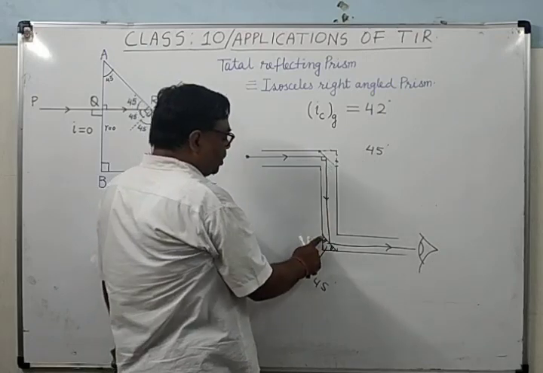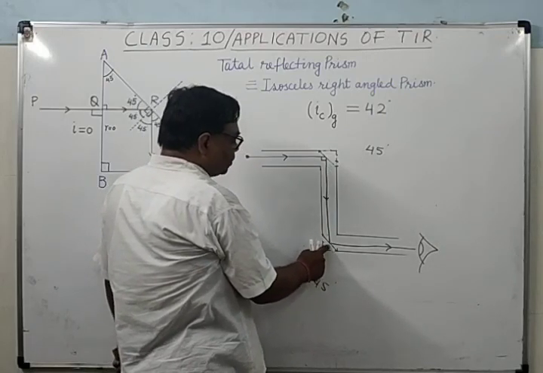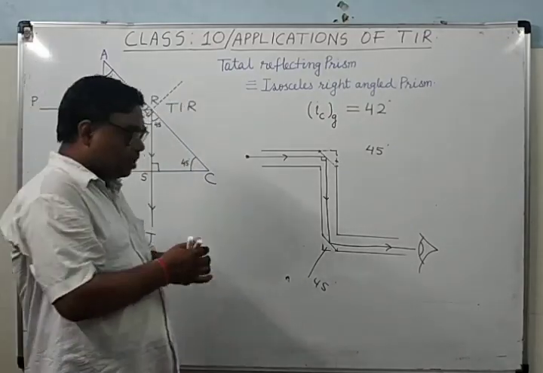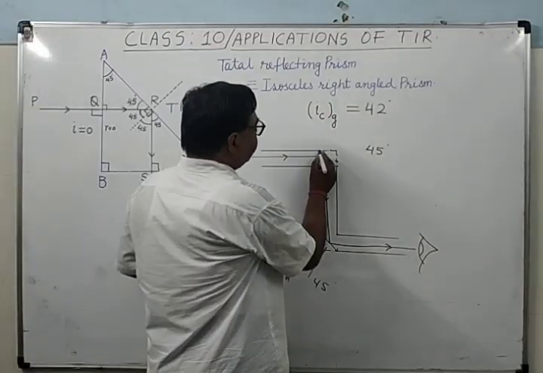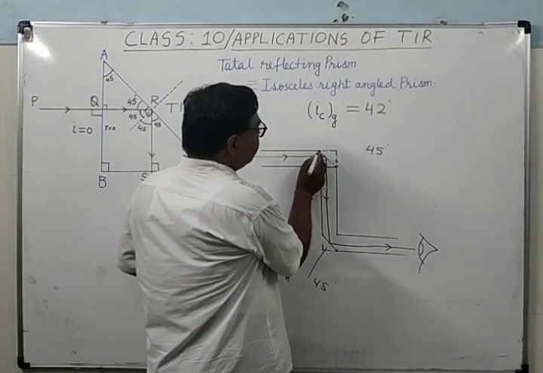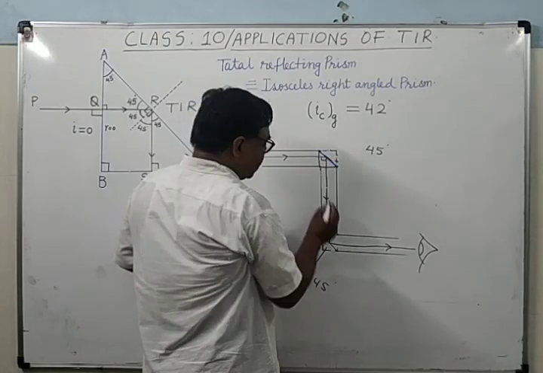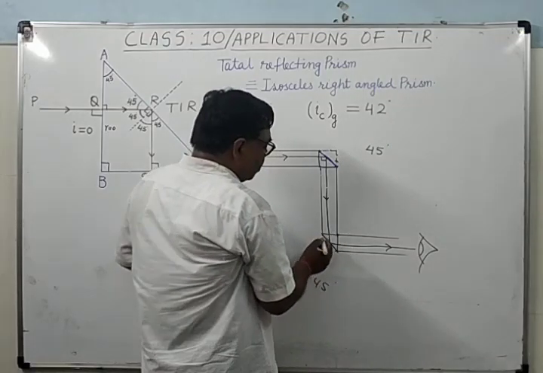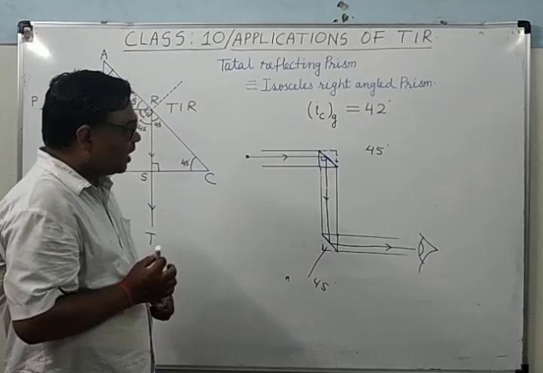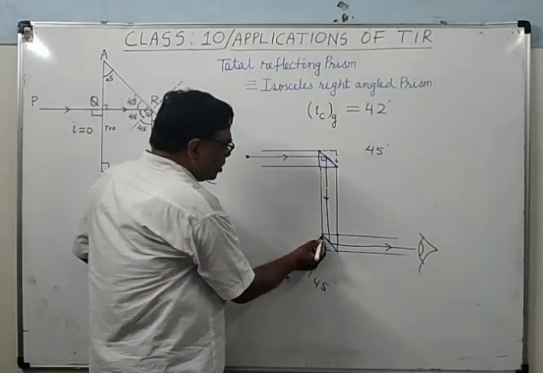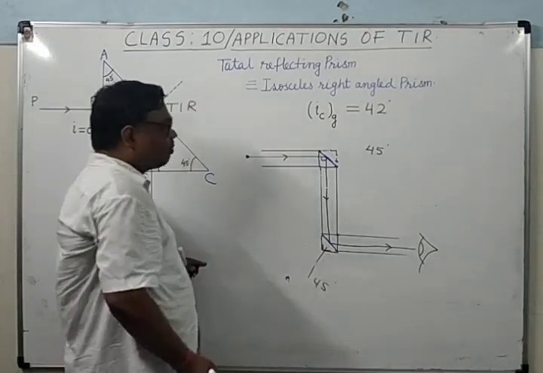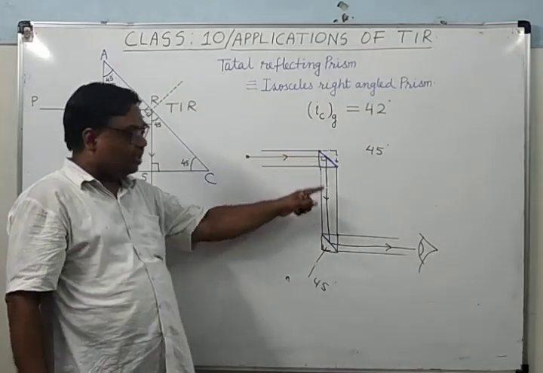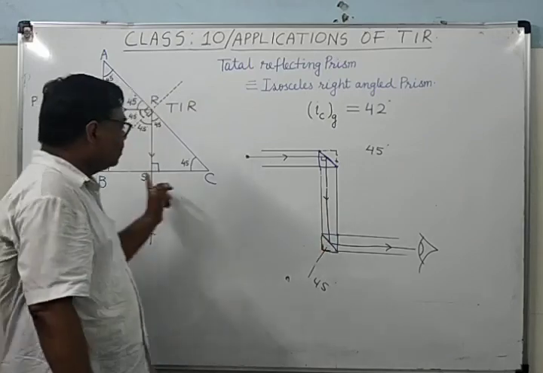Is it clear? But if in place of these you fix two total reflecting prisms, here one total reflecting prism has been fixed. Is it clear? One is this, and the other total reflecting prism has been fixed in this way. There will be no difference in the action. There will be no difference in the path of the ray of light. It will still suffer reflection here and then here, as you can see.